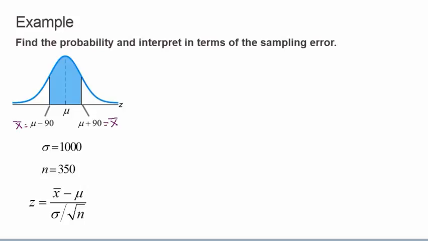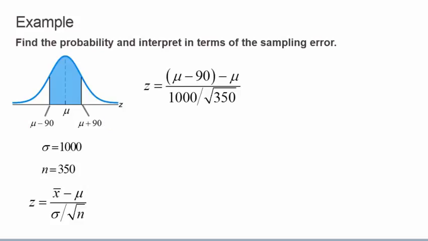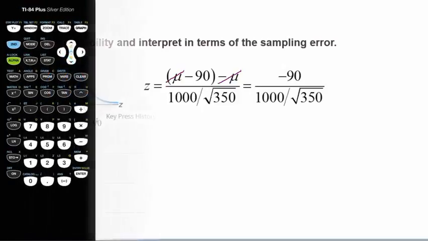So that's what we're going to use to substitute for x bar. So substituting, I have z equals the population mean minus 90 minus the population mean divided by 1,000 divided by the square root of 350. The means cancel, so I'm left with negative 90 divided by 1,000 divided by the square root of 350.